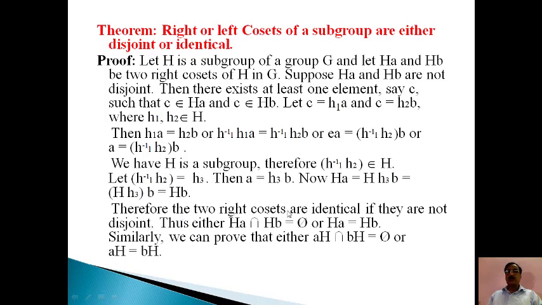Therefore, the right cosets are identical if they are not disjoint.